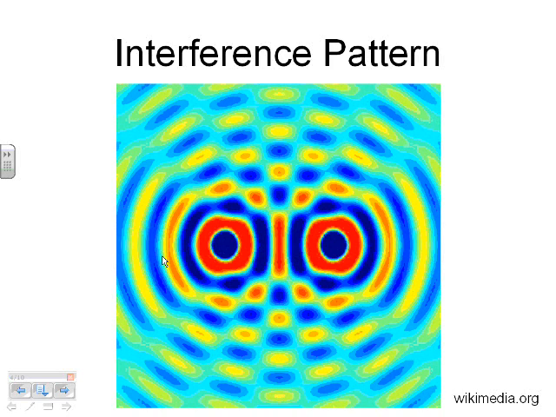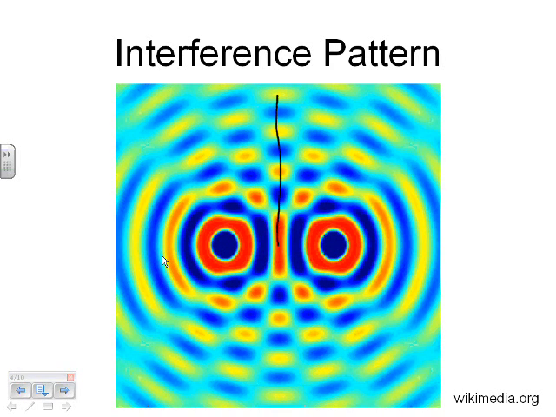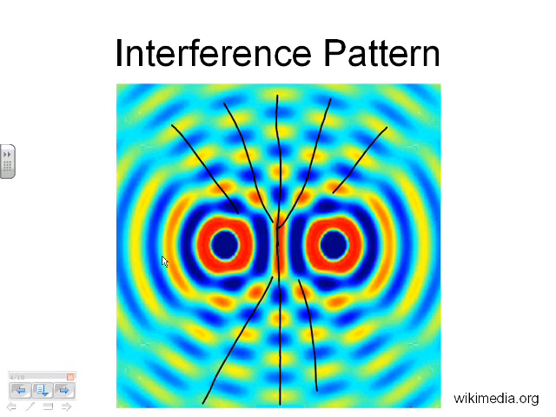Right along this middle part here, we have constructive interference, and then we also have constructive interference out here and out here. Same thing here and here, and then along these out this way. So that's all constructive interference.